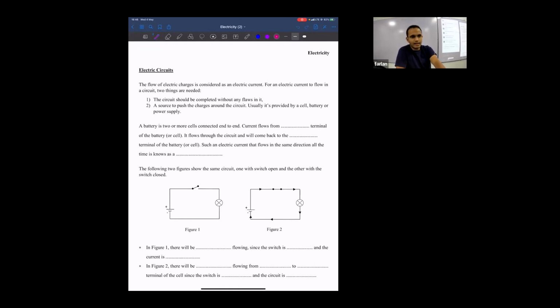There can't be breaks. It should be a completed circuit. And number two, a source to push the charge around the circuit. Usually it is provided by a cell, battery, or a power supply. So two things are needed: a completed circuit, and a battery, cell, or power supply to provide power.